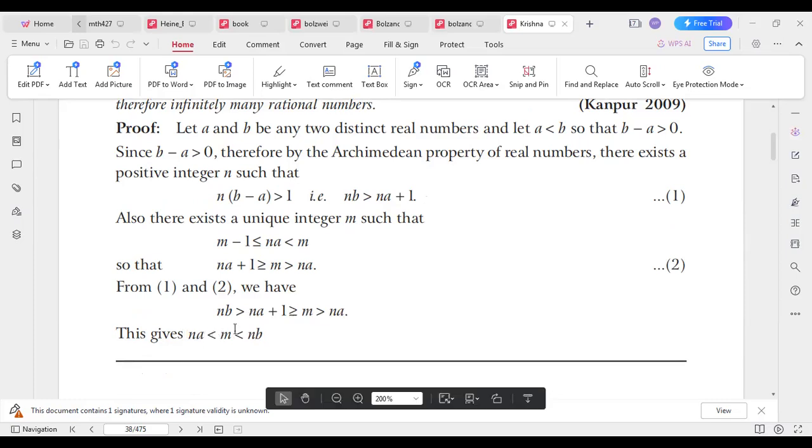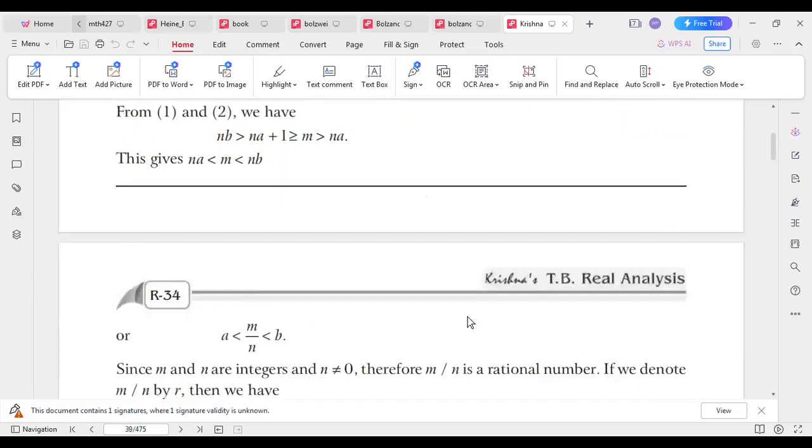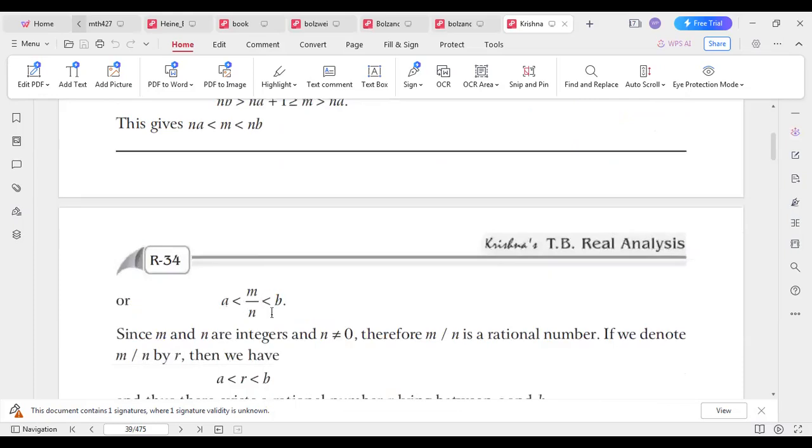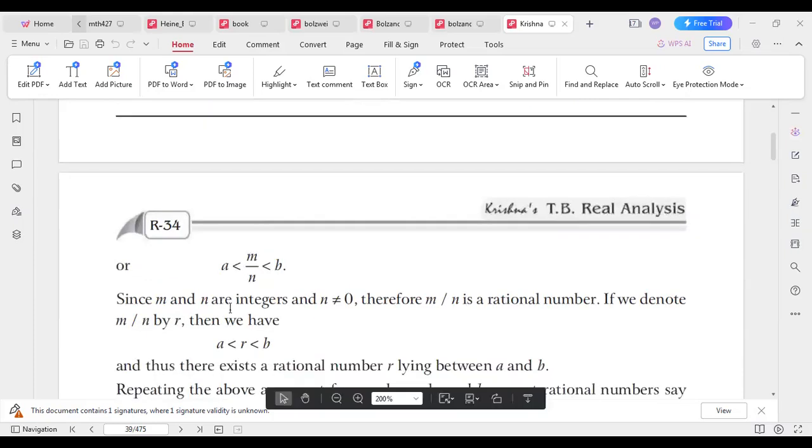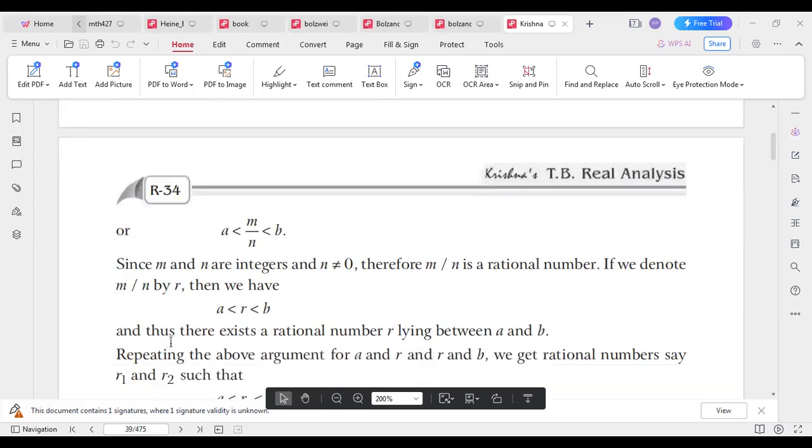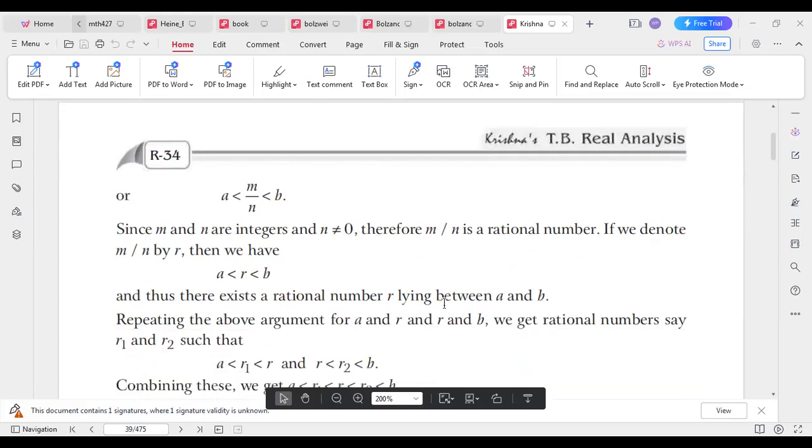That means m lies between na and nb. So dividing by n on both sides, a is less than m by n, which is less than b. Here m and n are integers, n is not equal to 0. Therefore, m by n is a rational number.